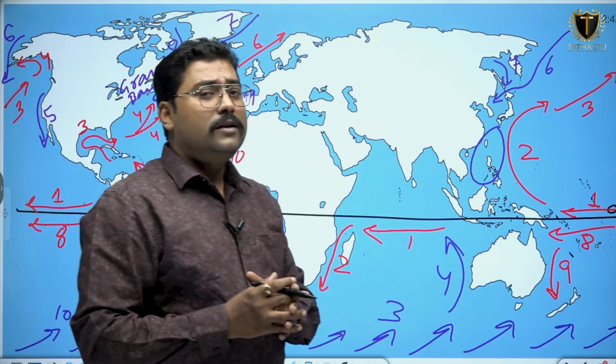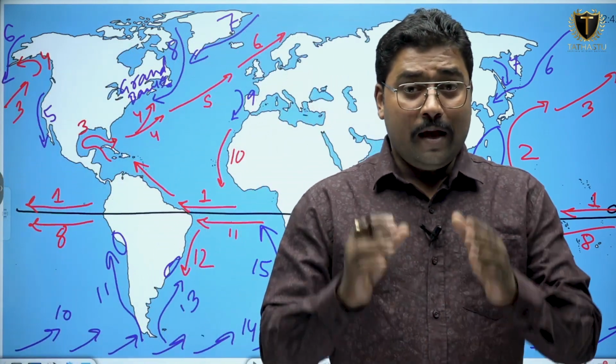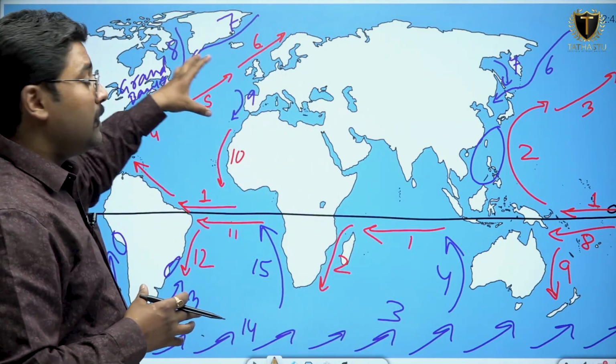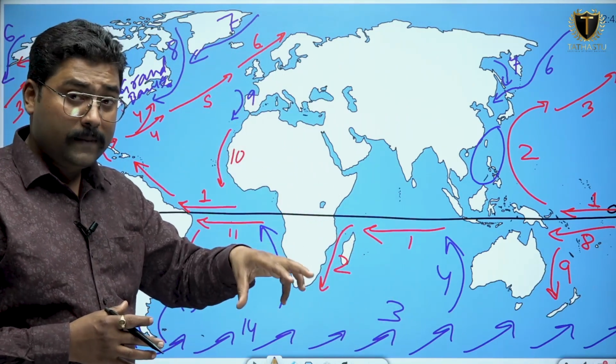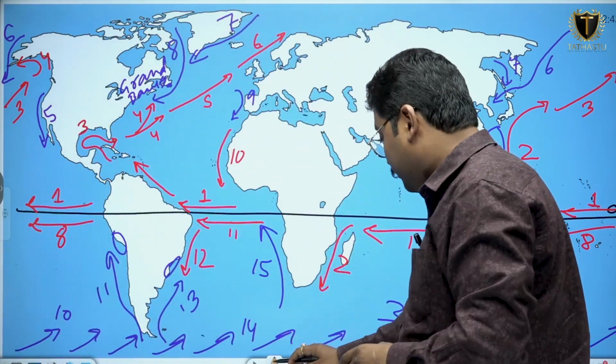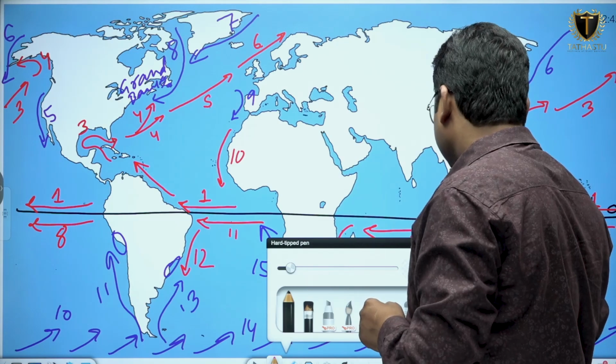So these are the currents of the Indian Ocean, and as you saw, the effects on the shipping and fishing industry both. Now I am showing you one more effect, an important question which is asked in exams.